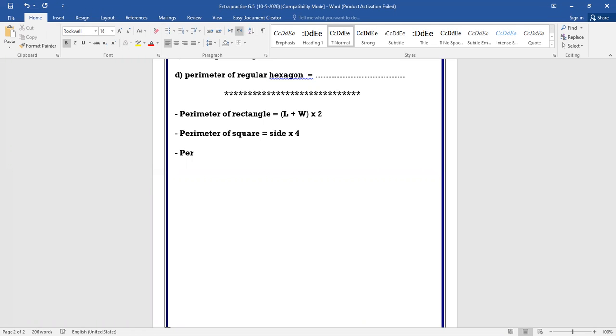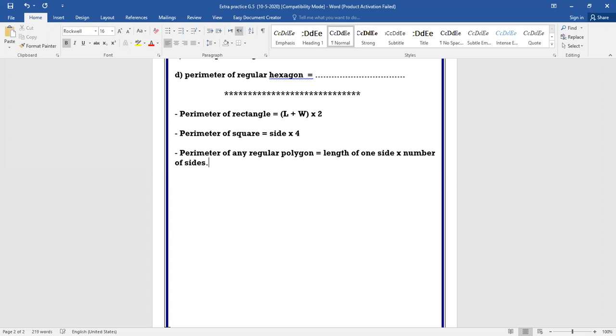Perimeter of any regular polygon is the length of one side multiply number of sides.